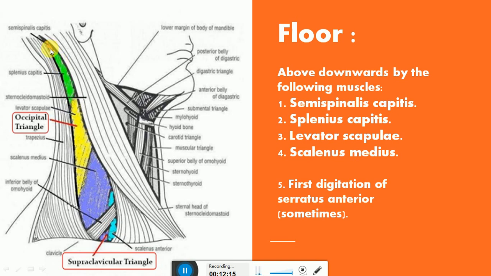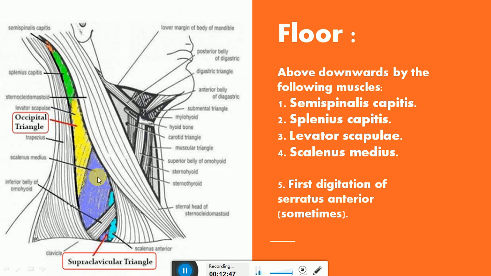We are talking from above downwards. First muscle is semispinalis capitis. Next, this green color one is splenius capitis. Then this yellow color, levator scapulae. And this one is scalene medius.